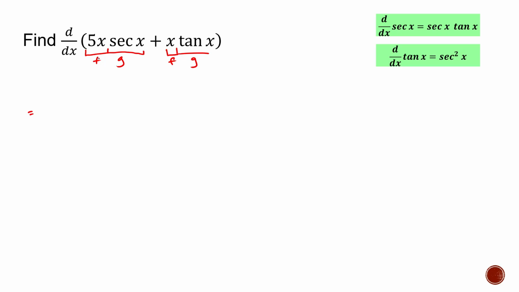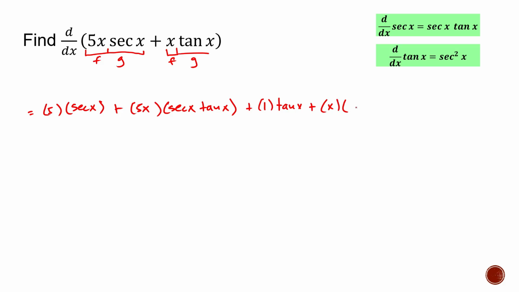For the first term, 5x secant x, the derivative of 5x is 5, then secant x, plus 5x times the derivative of secant x, which is secant x tangent x. That's just for 5x secant x. For the second one, that's 1 times tangent x plus x times the derivative of tangent x, which is secant square x.